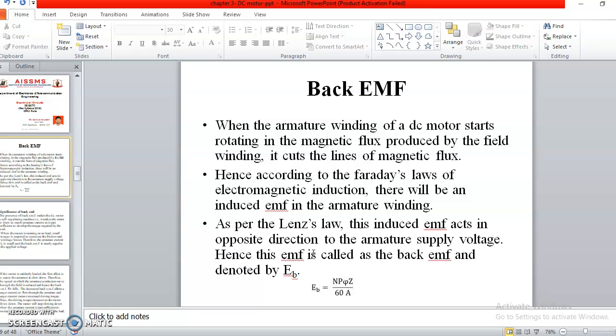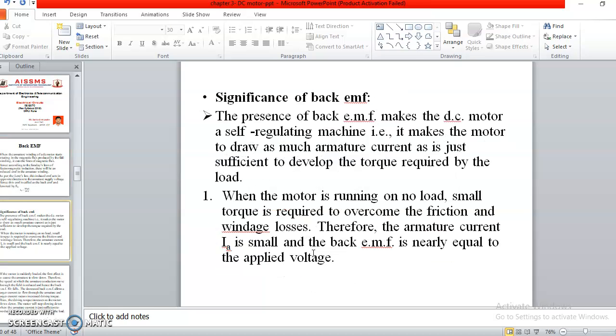Here P is the number of poles, phi is the flux produced by each pole, N is the speed of the armature or motor, Z is the total number of conductors placed on the armature, and A is the number of parallel paths. Depending upon lap winding and wave winding, the value of A can be equal to P or equal to 2. So this is all about the back EMF.